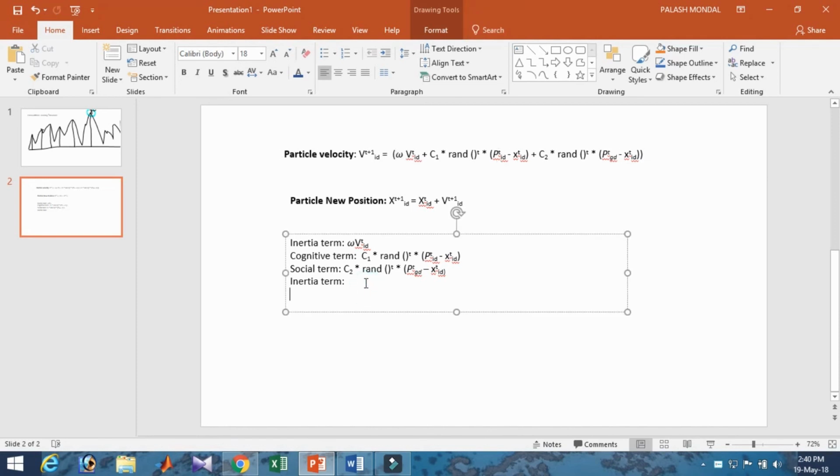And the acceleration coefficients are C1 and C2. This is known as the acceleration coefficient.